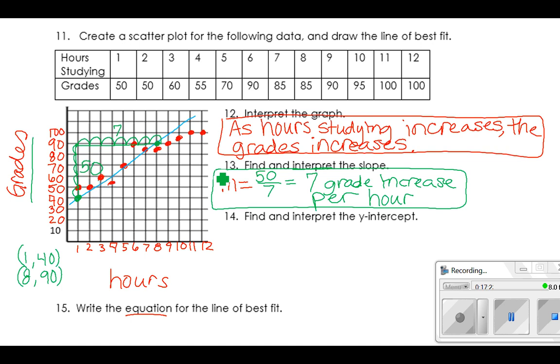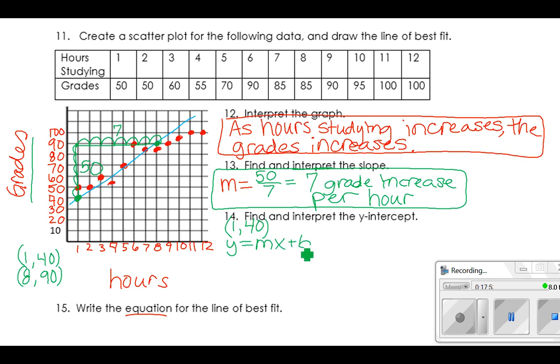Number 14, find and interpret the y-intercept. That's the b. So for the b, I need to use y equals mx plus b and pick a point and use the m. So the point I'm going to choose is (1, 40). And so I have y equals mx plus b.